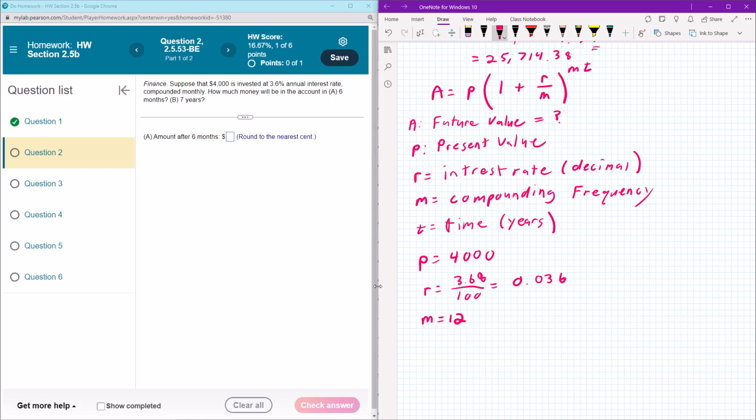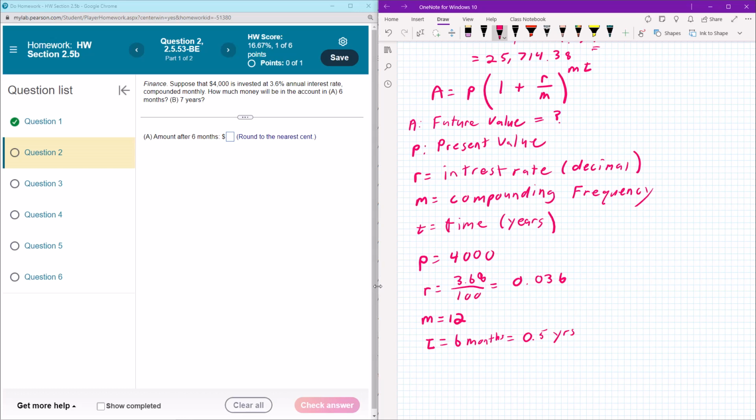T, of course, is in this case 6 months, but we can't do months, we have to do years, and 6 months is 1/2 of a year, so that's going to be 0.5 years.